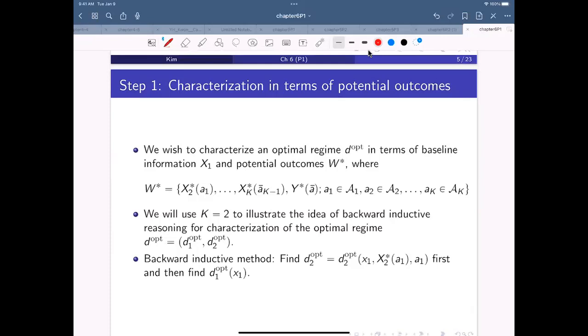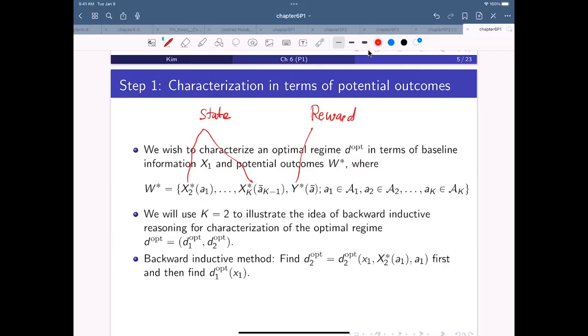So the first step is we wish to characterize the optimal regime in terms of the baseline information x1 and potential outcomes W star, where W star is the whole vector of potential outcomes: potential x and y star. In reinforcement learning, we call x a state, and we call y a reward.